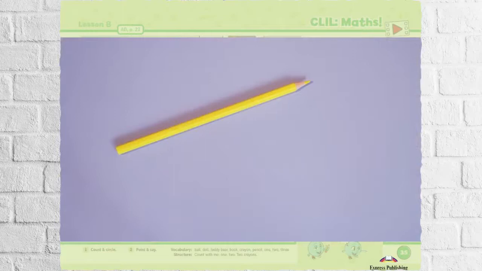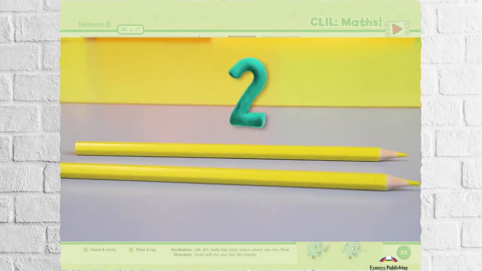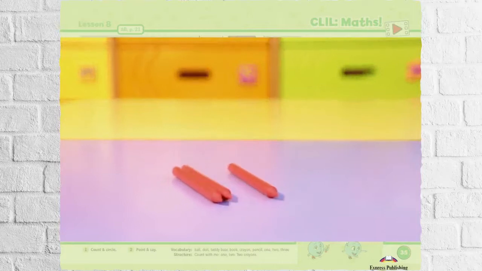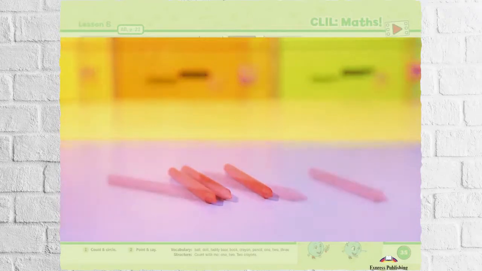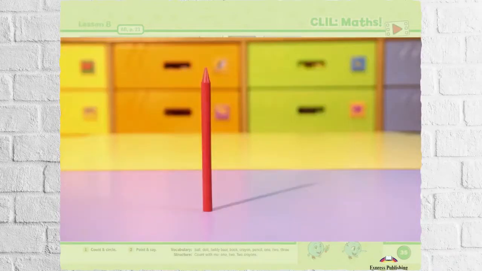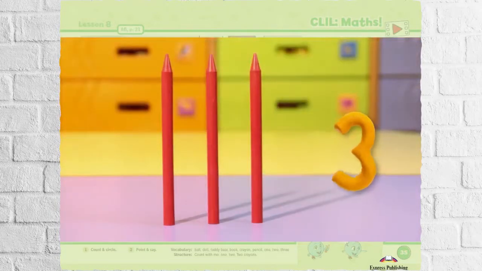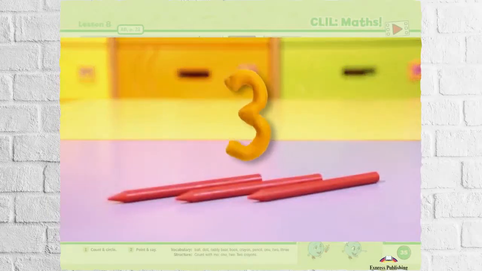Count with me. 1, 2. 2 pencils. 2 yellow pencils. Look at the crayons, the red crayons. Count with me. 1, 2, 3. 3 crayons. 3 red crayons.